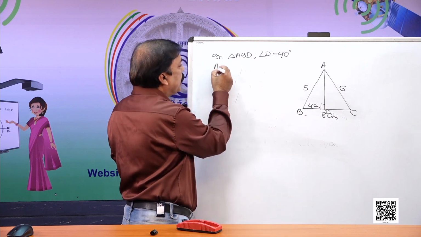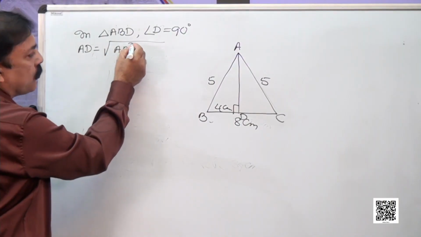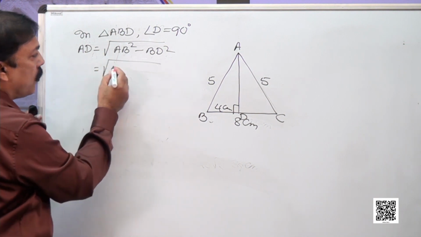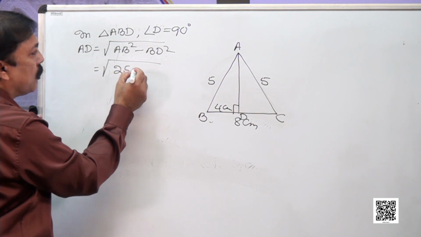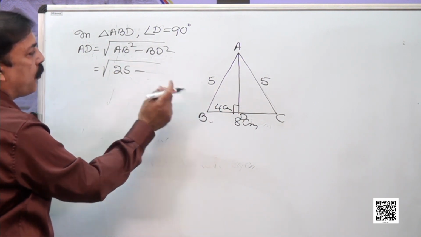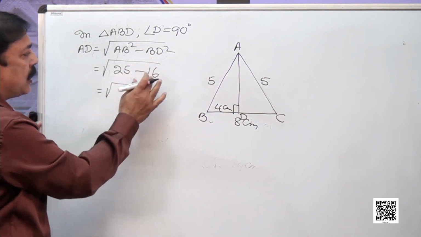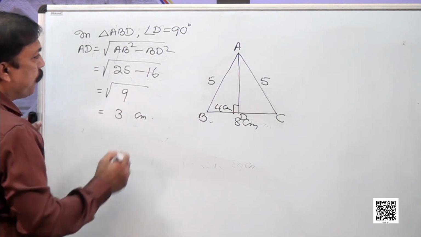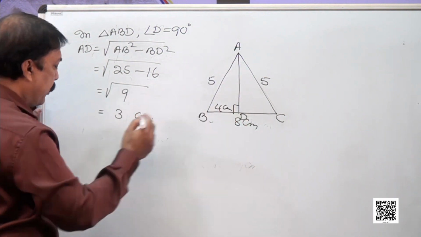So, we can find AD is equal to square root of AB square minus BD square, that gives square root of 5 square, that is 25, minus square of 4, that is 16, that is square root of 9, that is 3 centimeter. Now, AD means height is 3 centimeter and base is 8 centimeter.